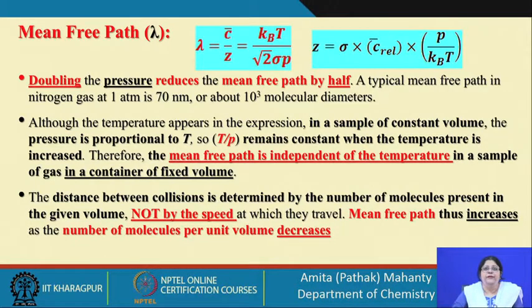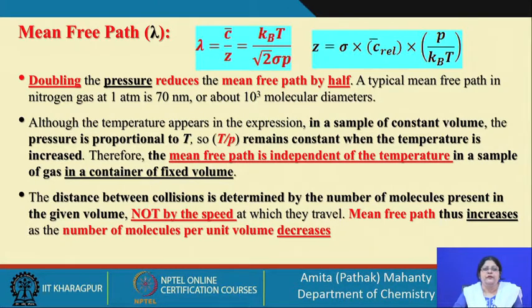The mean free path thus increases as the number of molecules per unit volume decreases. Okay. If the number of molecules is less, they have to travel a longer distance to encounter each other. Obviously, that means lambda is going to get bigger and bigger.